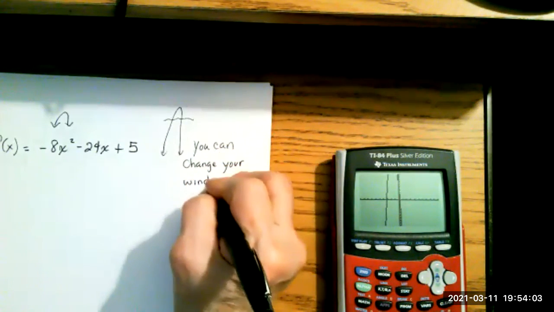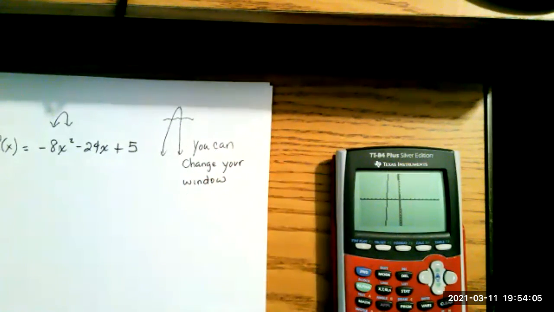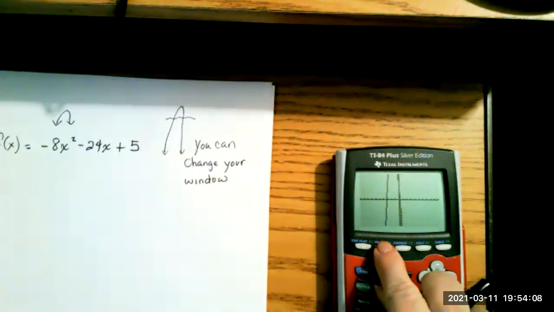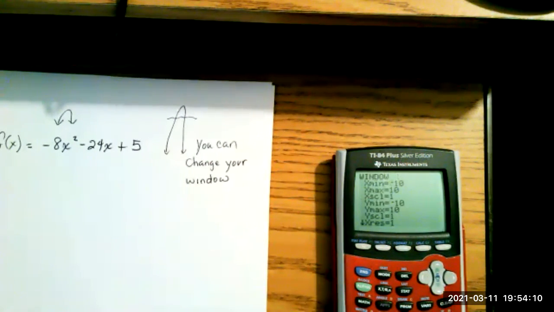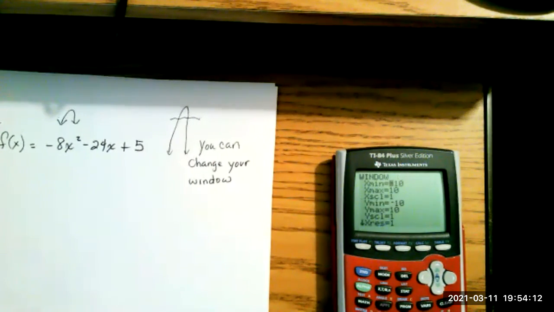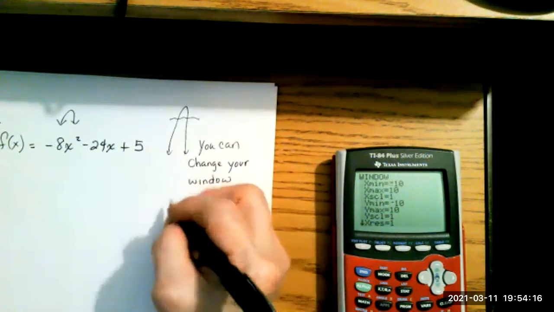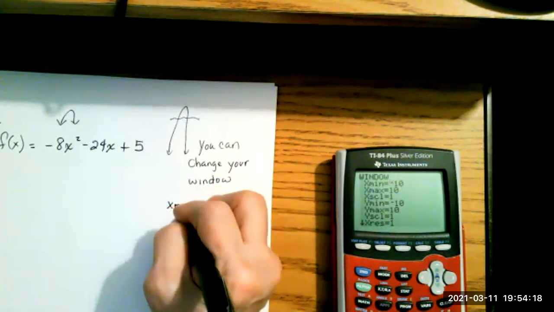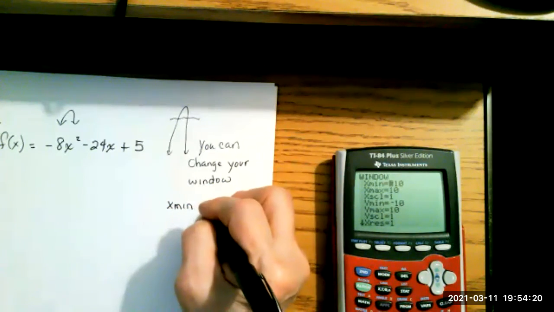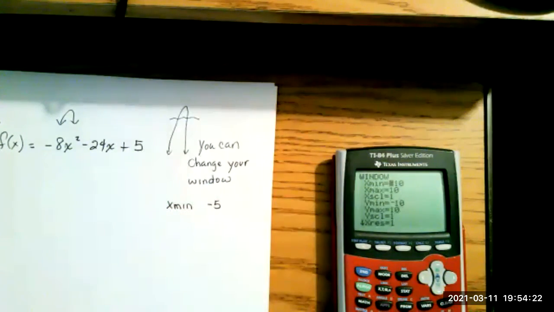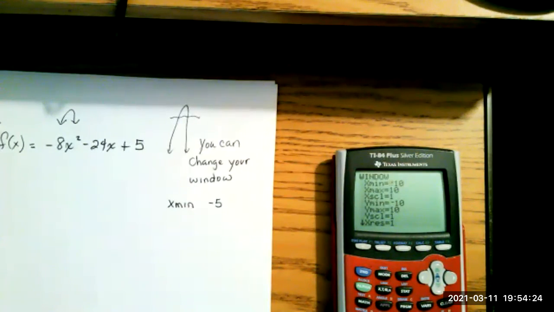And actually see it. So go to the one that says window and see it has an X minimum of -10. And I've already played with this one a little bit to see if we can get a picture. And you'll just have to play with it to see what picture you get.